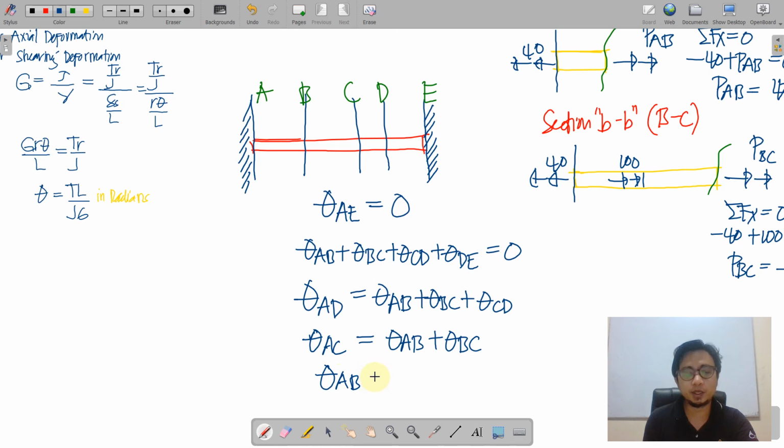Theta AB is actually the angle of twist at A support. Okay, because if we're going to have a section here, we have here torque at A, and this is torque at AB. So therefore, theta AB is equal to theta A.